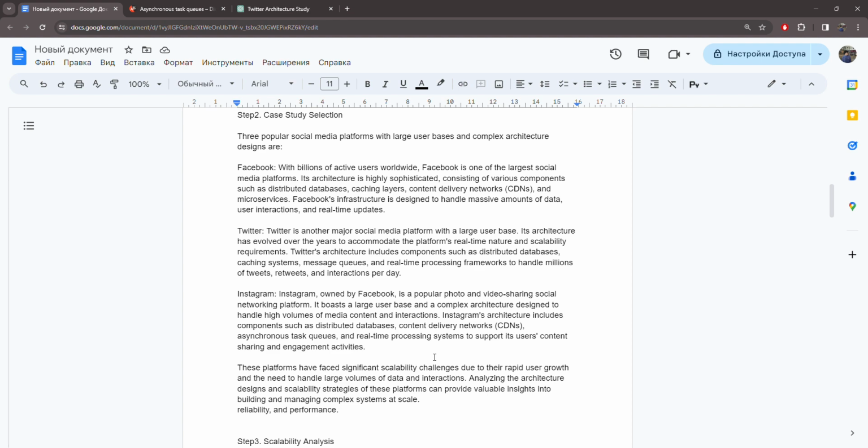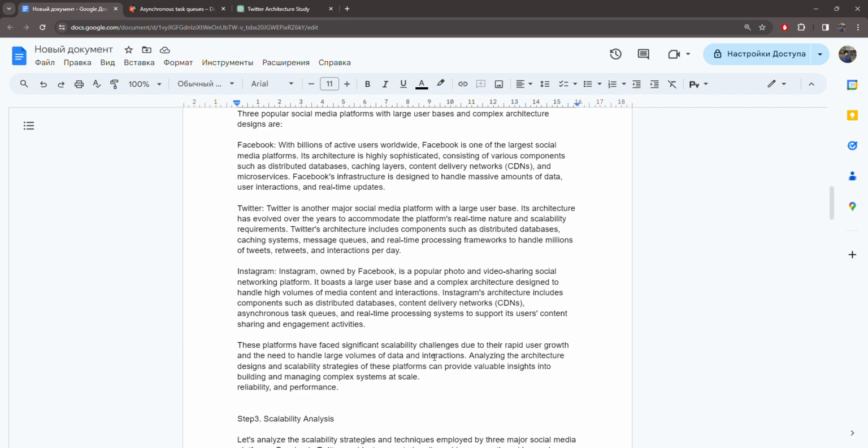Instagram, owned by Facebook, is a popular photo and video sharing social network platform. These platforms have faced significant scalability challenges due to their rapid user growth and the need to handle large volumes of data and interactions. Analyzing the architecture designs and scalability strategies of these platforms can provide valuable insights into building and managing complex systems at scale.